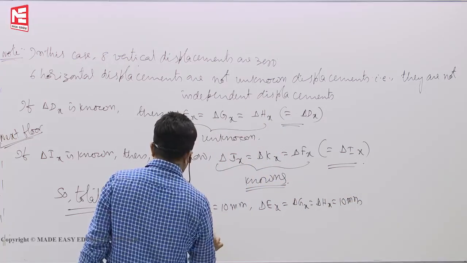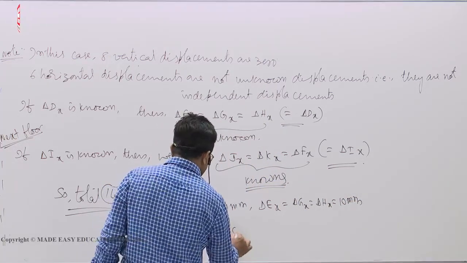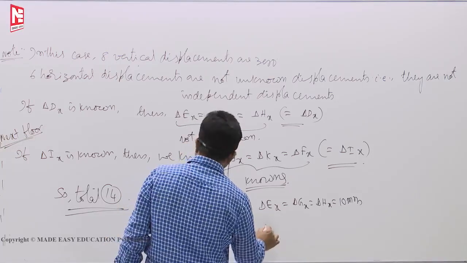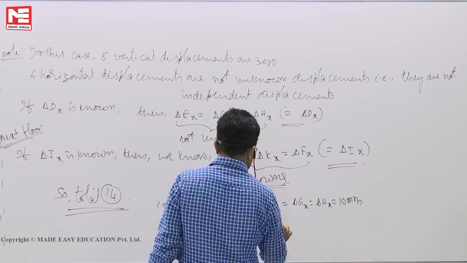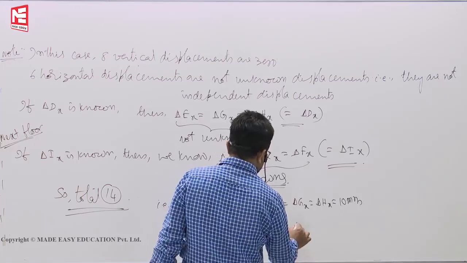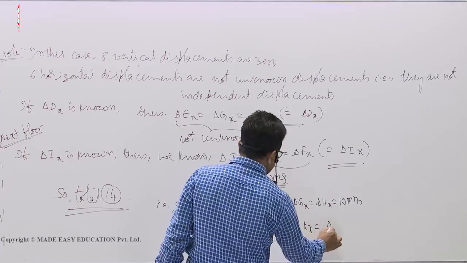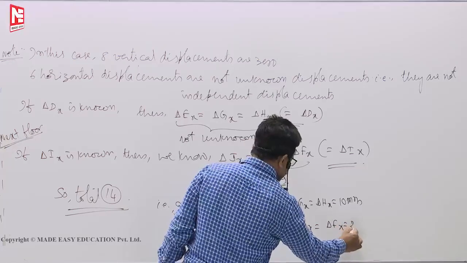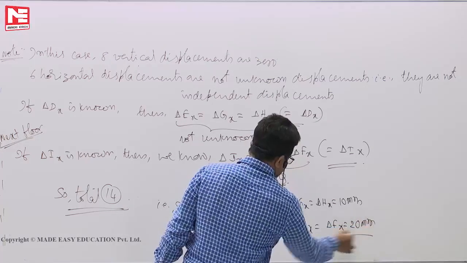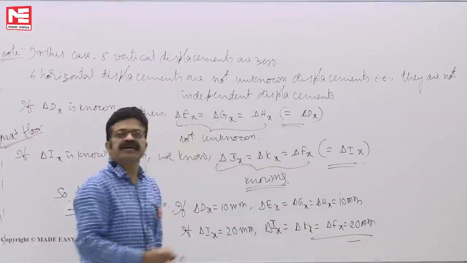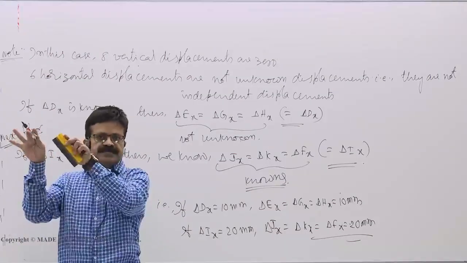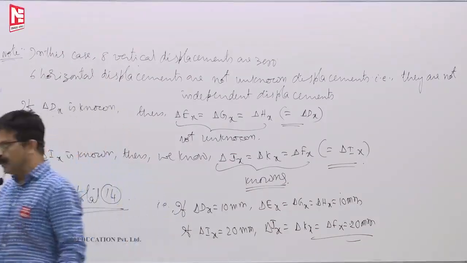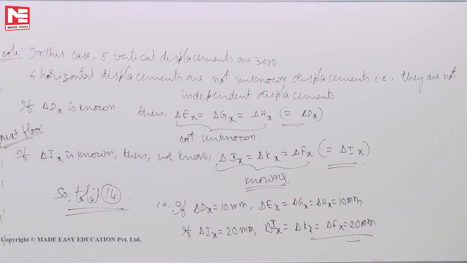If delta ix is equal to say 20 mm, then delta jx, delta kx, delta fx, these three also 20 mm. But this and these two are independent. One floor level sway, each floor can sway independent of the other floor. Now, next one.